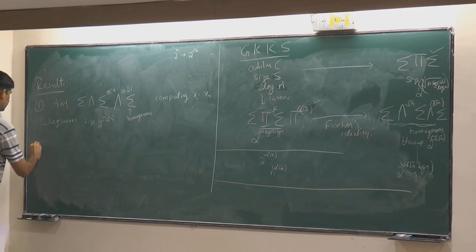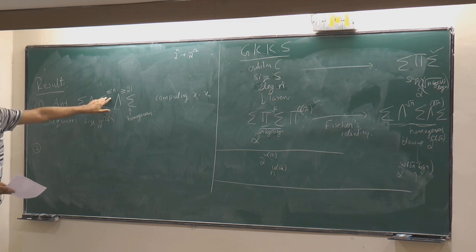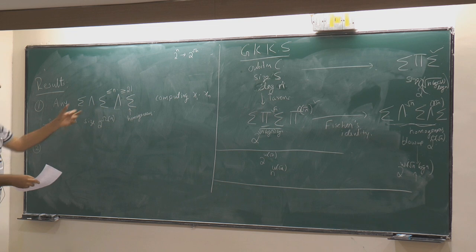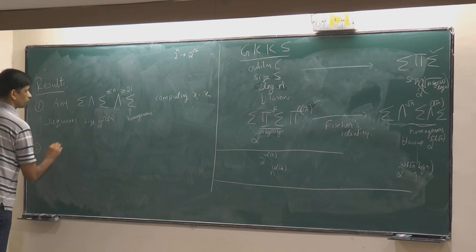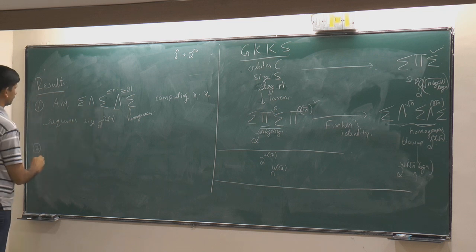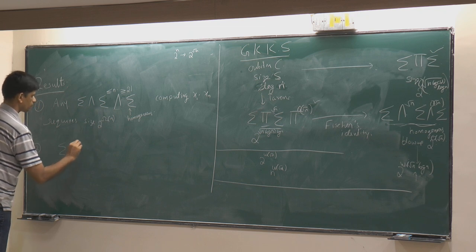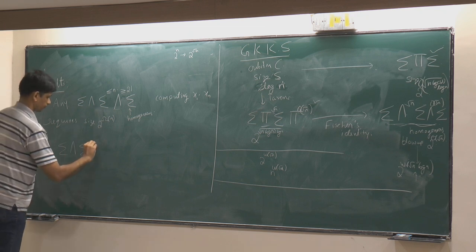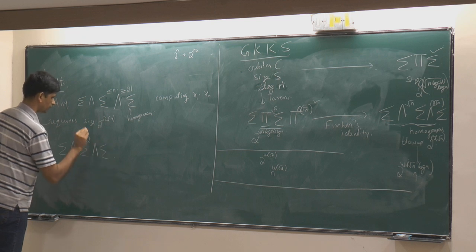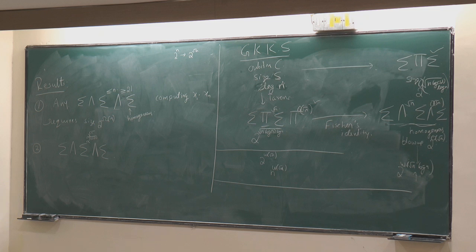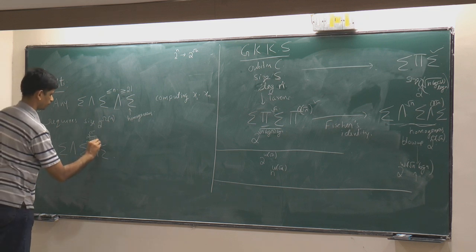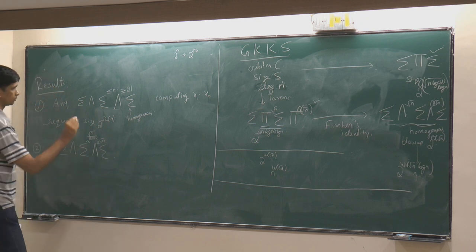In fact, it turns out that there seems to be a kind of trade-off between the fan-in of the middle gate and the power gates. So if I increase the minimum degree of the bottom power gate, we can get a lower bound for sigma power sigma circuits where the fan-in is bounded by 2 to the root n by some constant, say 2 to the root n by 1000, and the power is at least root n.